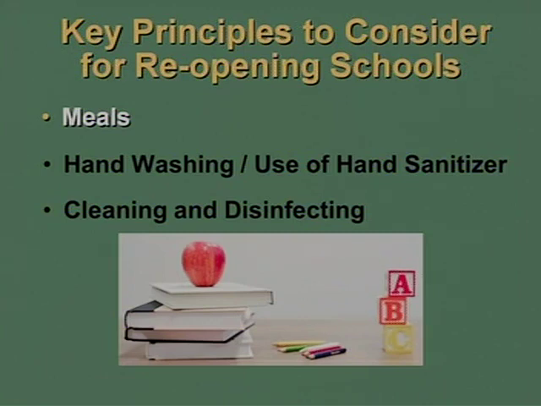If you can take your students outside to eat and let them eat in other designated areas, what we want is there not to be a lot of congregating in the cafeterias. If you cannot do this and your students have to eat in the cafeteria, you will need to keep them socially distanced 6 feet apart. You may need to stagger your meals throughout the day, so that just 1 or 2 classes go at a time.